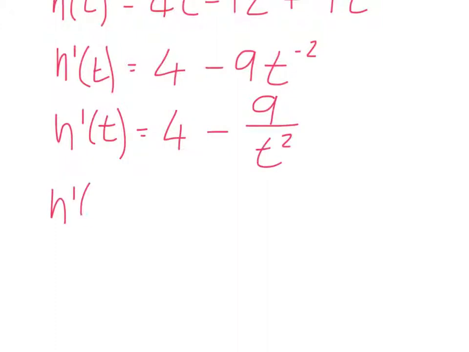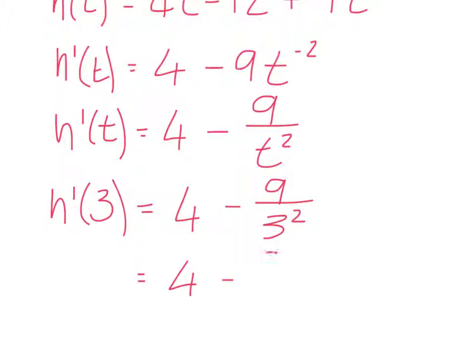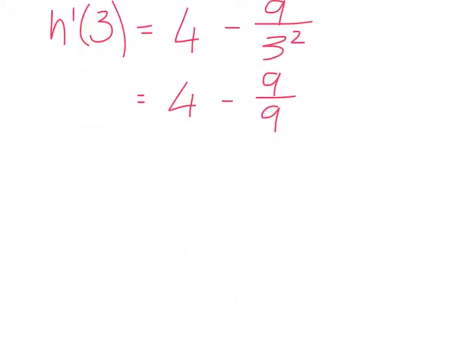We want to know when t is 3, so substitute in, we have 4 take away 9 over 3 squared, which gives us 4 take away 9 over 9, which gives us 4 take away 1, which is 3. So the rate of change of the function at t equals 3 is 3.